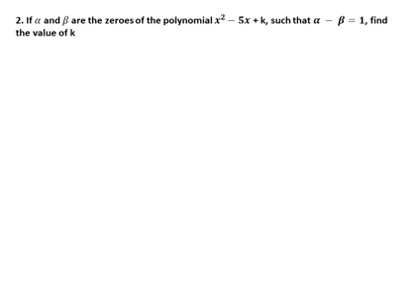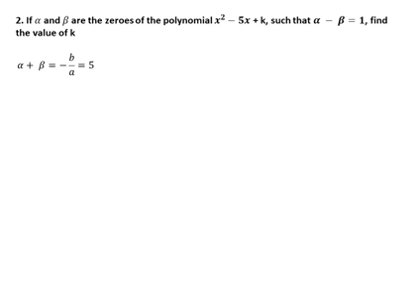First, what can we find? First let me find alpha plus beta. The alpha plus beta formula is equal to minus b by a. What is the value of a here? The a value is 1, b value is minus 5, c value is k. So minus b by a is equal to 5 by 1.